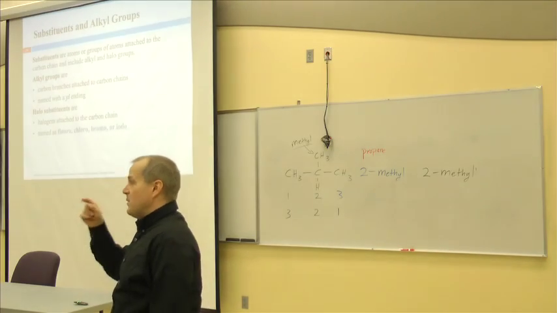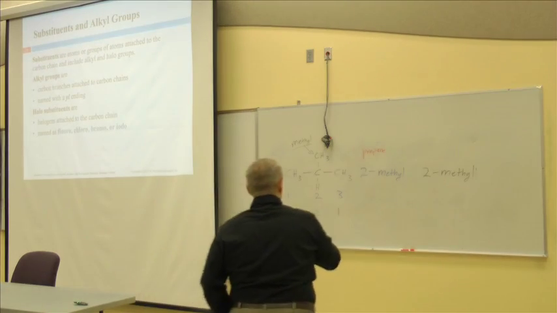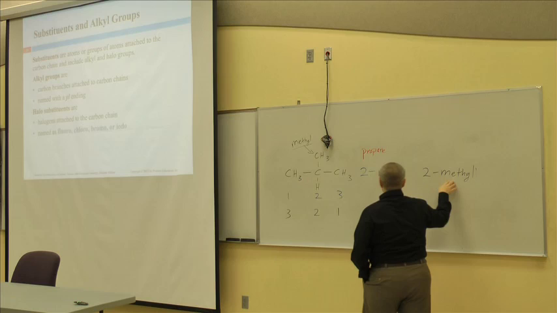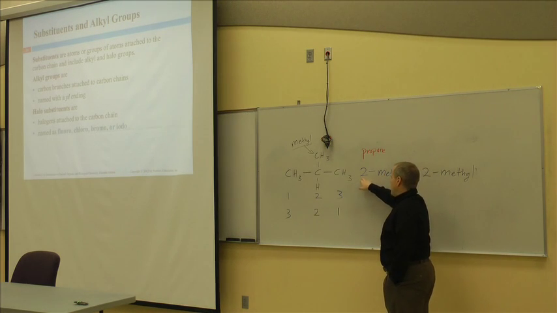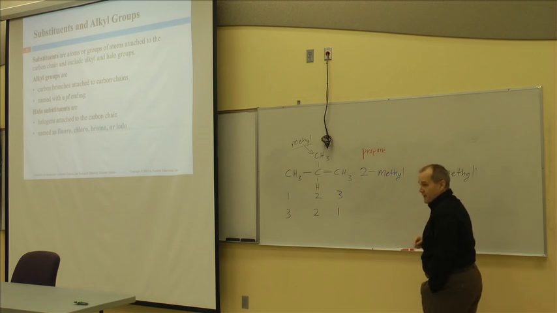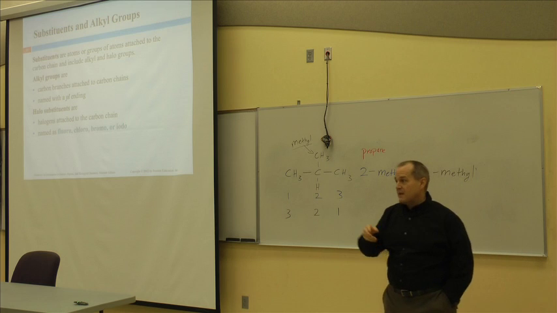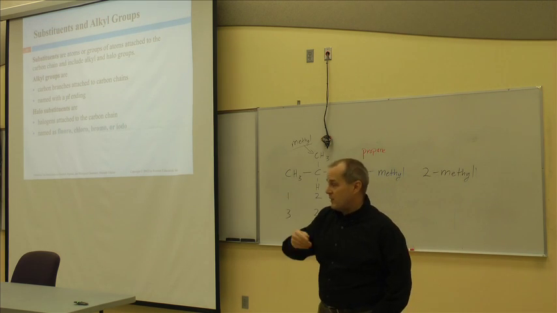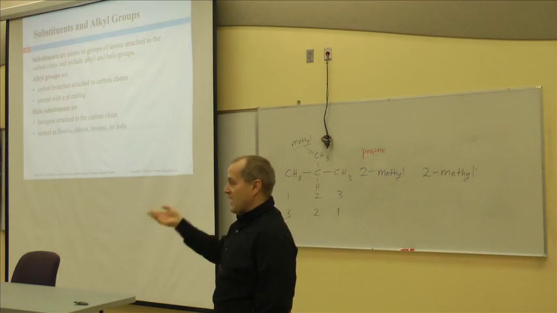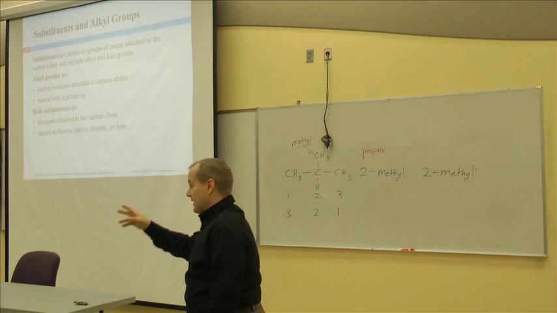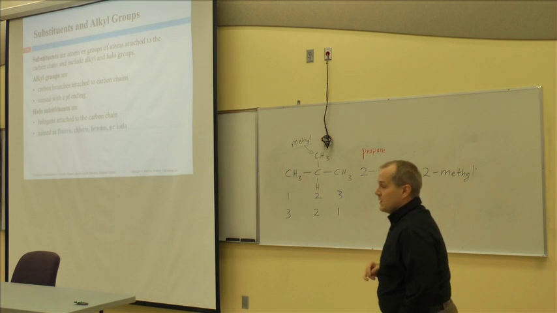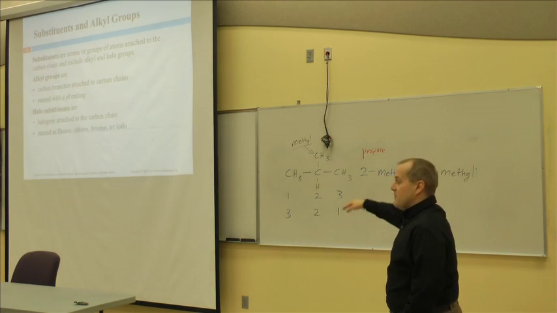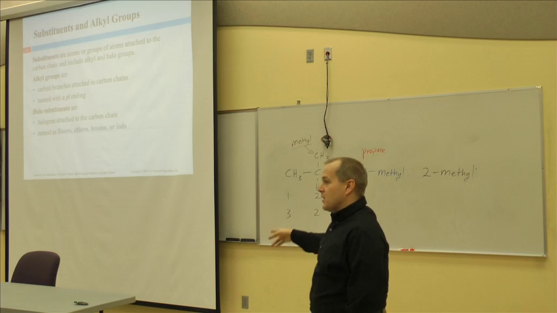Then you write them down like this. So I have 2-methyl and 2-methyl. If the numbers were different, say it was 3 and 4, just for example, you would pick the lower number. Use the numbering system that gives you the lowest number. In this case, they're both the same, so it was nonsense. But in a lot of cases, like the one we're going to do next, it is not nonsense. So no matter how we number it, the methyl group is on carbon 2.